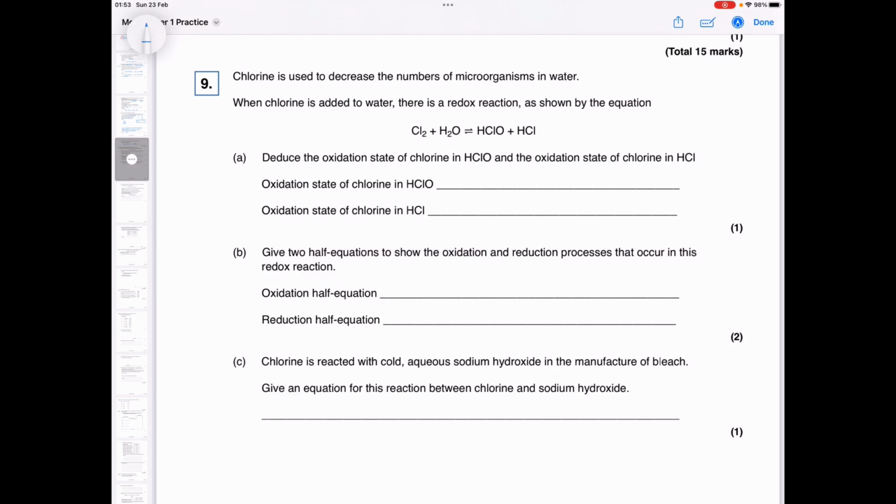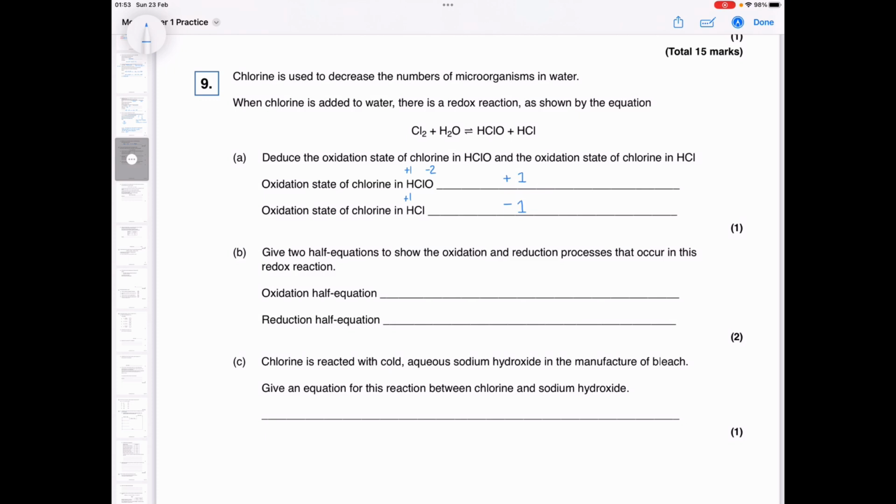So as we're looking at this, we know that hydrogen has to be in its +1 oxidation state and oxygen in its -2, which means that to balance, the chlorine must be in a +1 oxidation state in HClO, and in the HCl, hydrogen must be +1, so the chlorine must be -1.